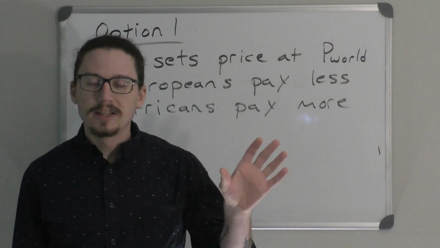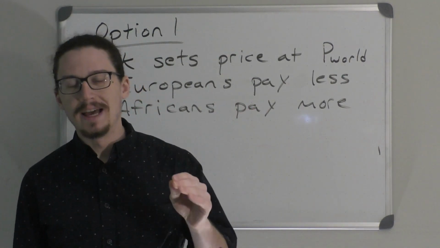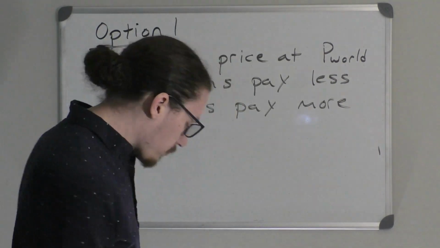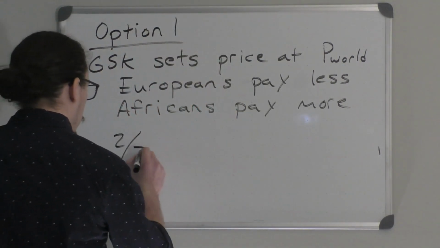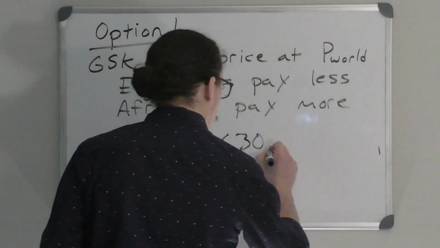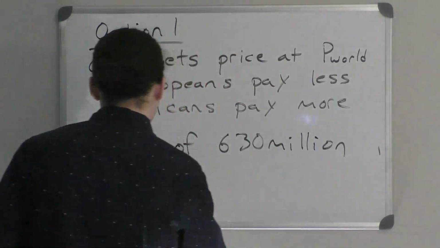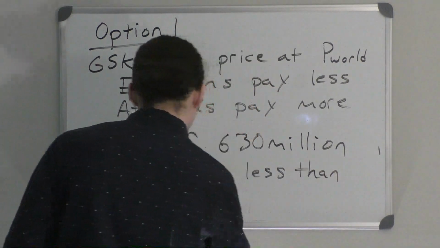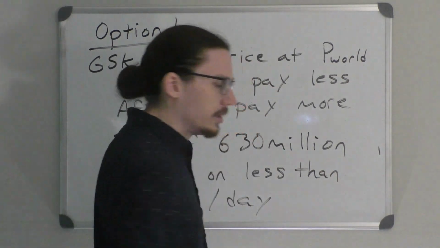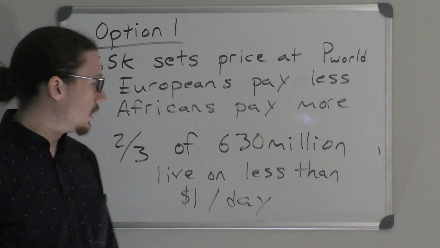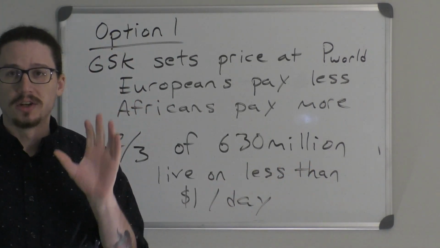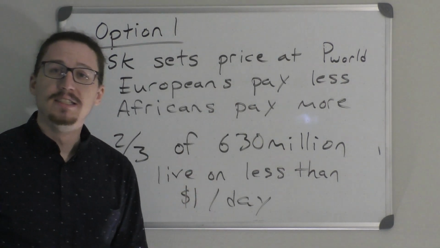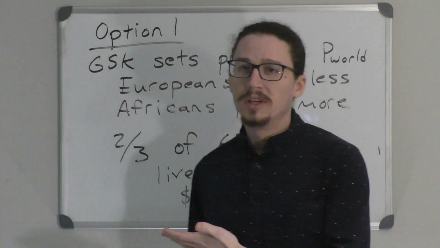But here's the question. How likely is it that GlaxoSmithKline is actually going to set the price at the world price? Here's the thing I referenced in the first video. Two thirds of the 630 million people living in Africa live on less than $1 a day.